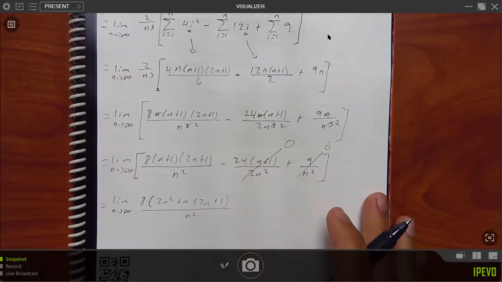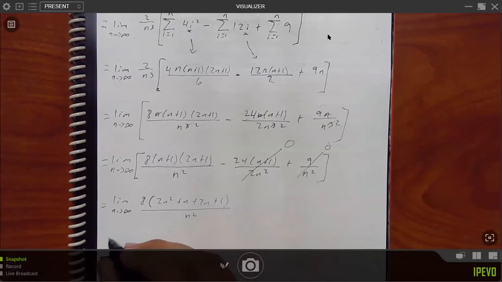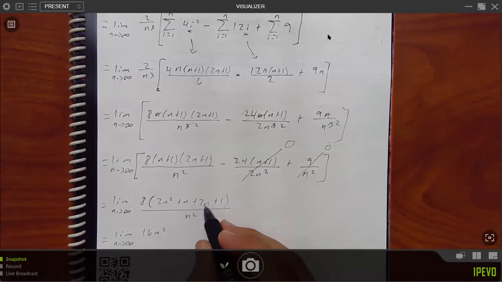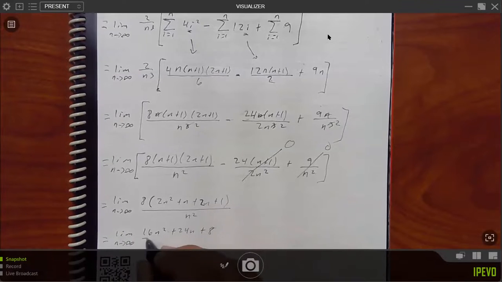Multiply your 8 in there. We don't have to, but just in case. n plus 2n is 3n, that'll be 24n plus 8.